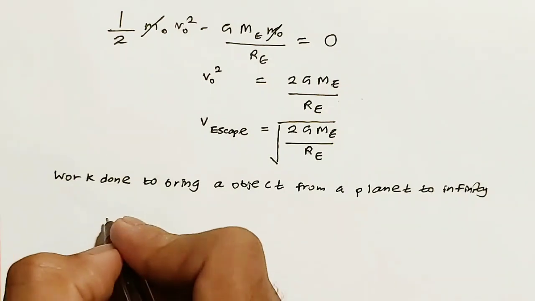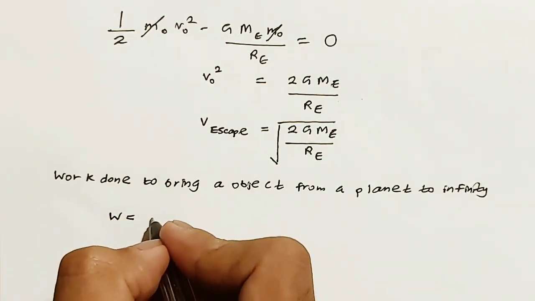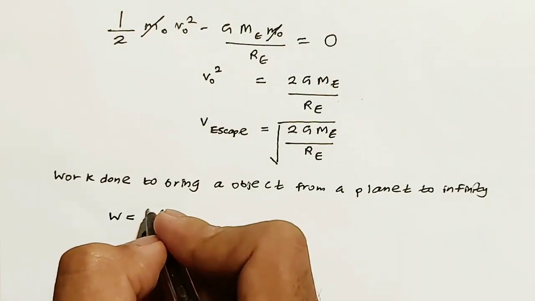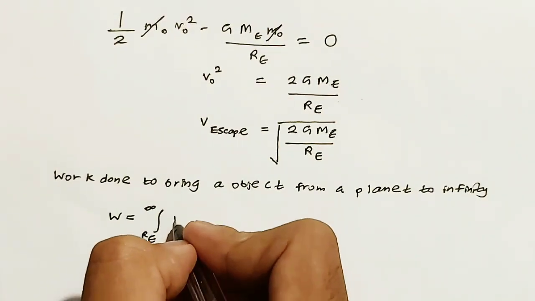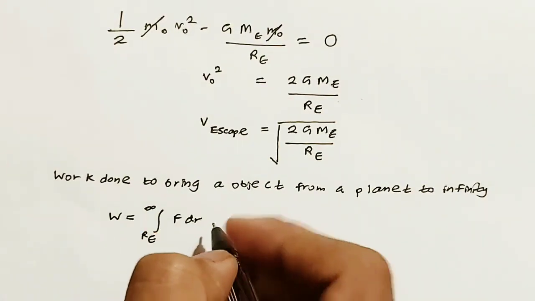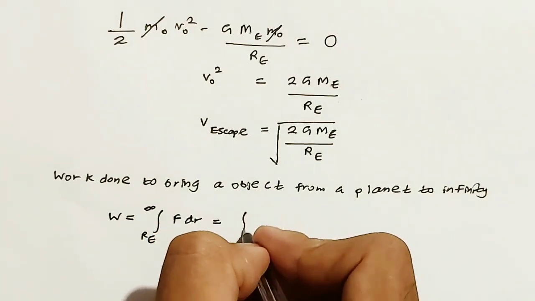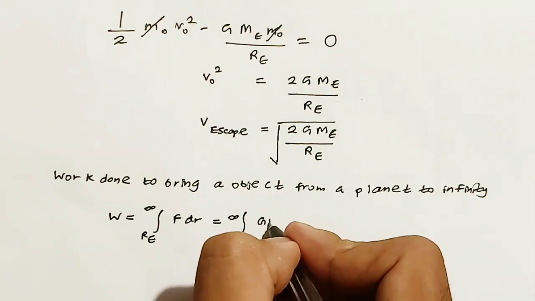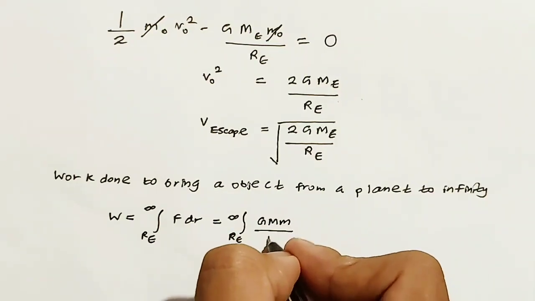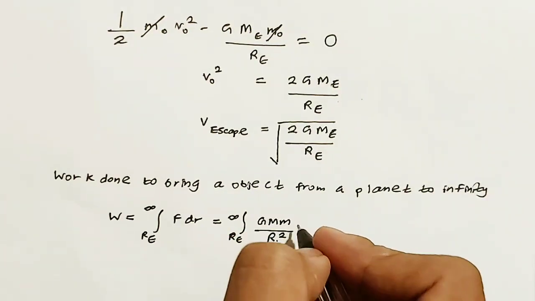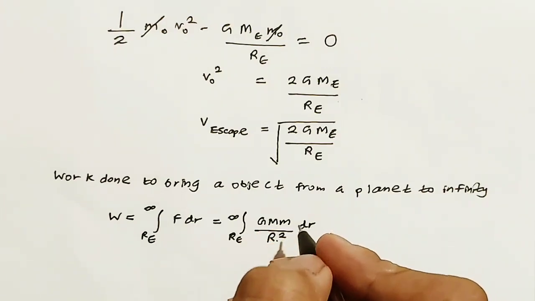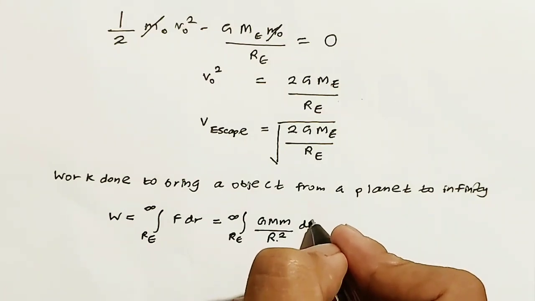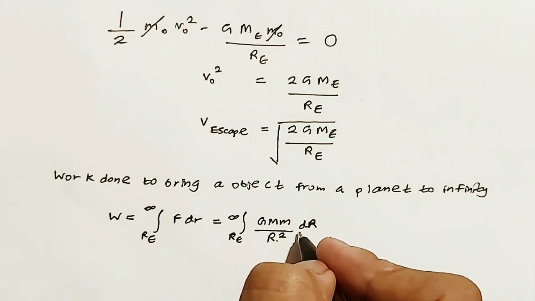So we know that the work done W is equal to the integral from R_E, where R_E is the radius of the planet, to infinity of F dr. This is equal to the integral from R_E to infinity of G M over r squared dr. Now this equation is further simplified.